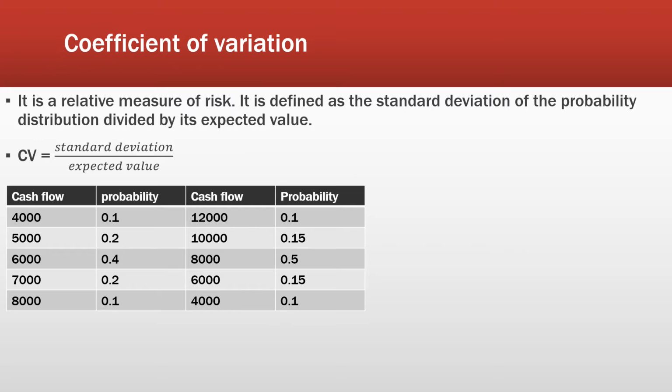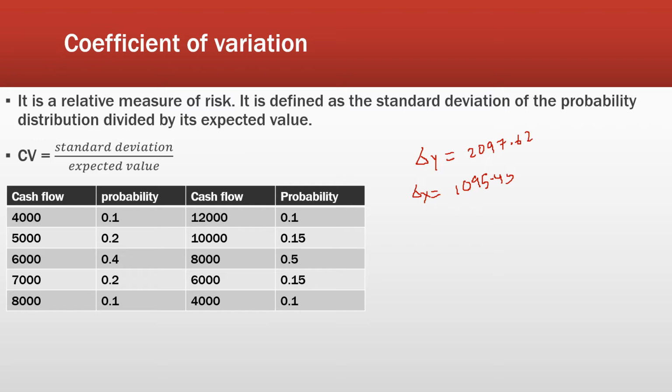In the previous question we solved that sigma for project Y, that is the standard deviation for project Y, is 2097.62, and the standard deviation for project X is 1095.45.